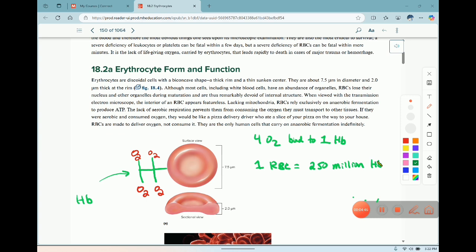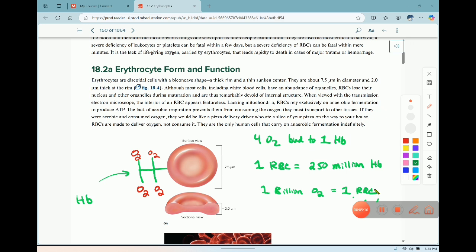So roughly around 250 million hemoglobin on 1 red blood cell. And if there are 4 binding sites on 1 hemoglobin for oxygen, then that would be 1 billion oxygen on 1 red blood cell.